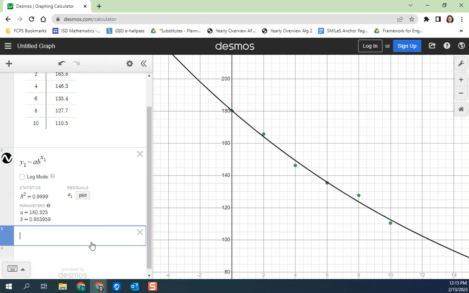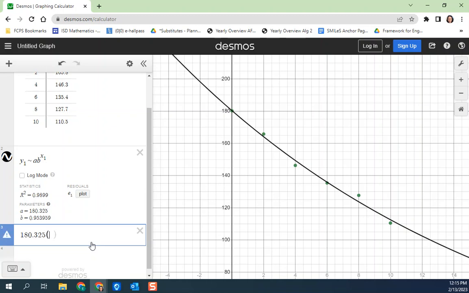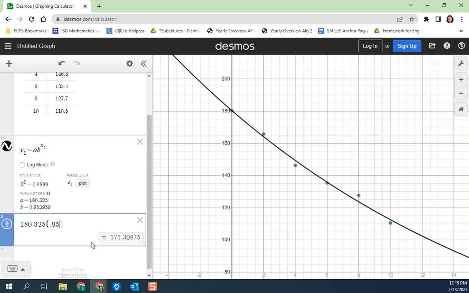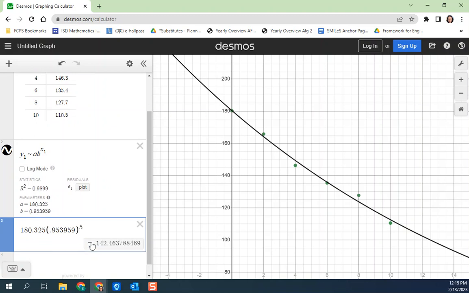So what we have on our paper is what we're typing into Desmos. 180.325, parentheses, 0.953959 then raised to the 5th. All right, I think I'm getting the same thing that you guys got.